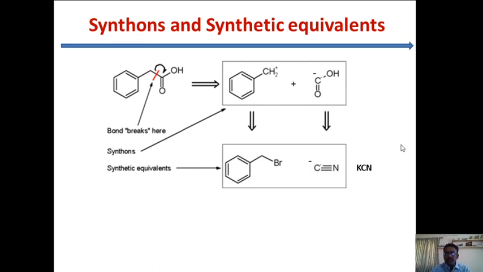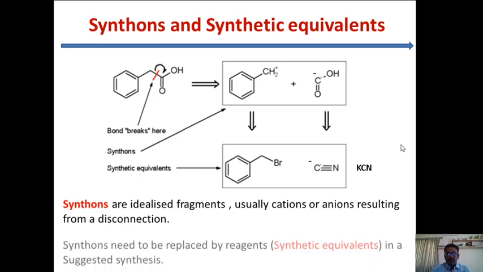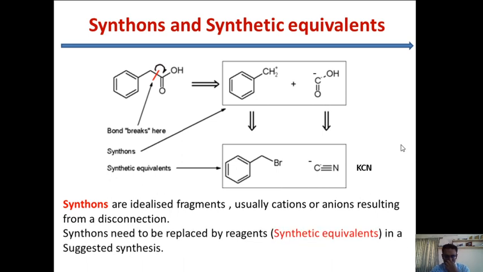In today's class, we know that synthons are idealized fragments, usually cations or anions, resulting from a disconnection. So we have to replace the synthons with the synthetic equivalents, which we call a reagent.